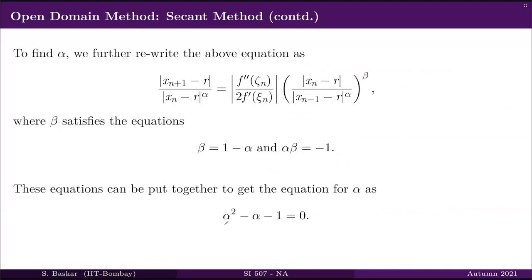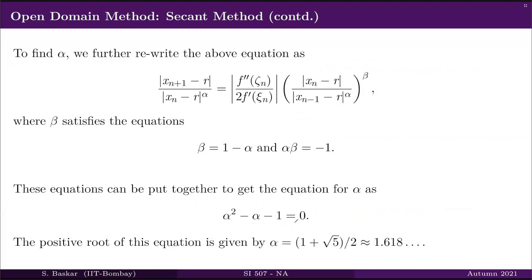So that immediately gives me how I should choose my alpha. Yes, alpha should be chosen in such a way that it is a root of this quadratic equation. Well, it will have two roots. We want alpha to be a positive number. Therefore, we will choose the positive root of this quadratic equation, and that is given by alpha equal to (1 + root 5) by 2, which is approximately equal to 1.62.